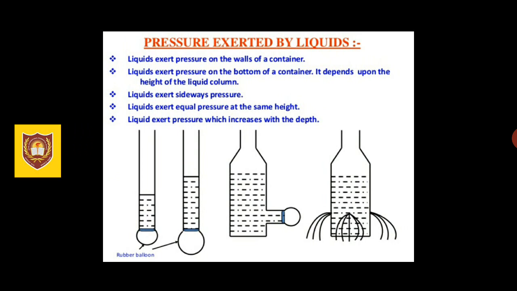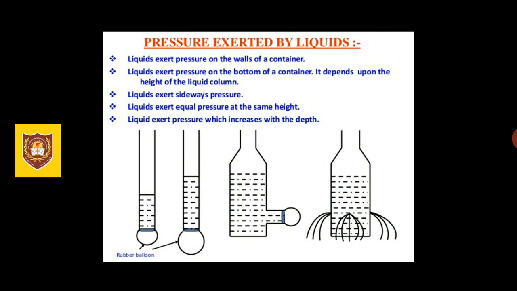In the first two cases, see the figure, the balloon is attached to an open pipe and water is filled. In the first case the water quantity is less, but in the other case the water quantity is a little higher. So what happened? More pressure acted in the downward direction. In the third figure, the hole is on the side of the container or bottle.